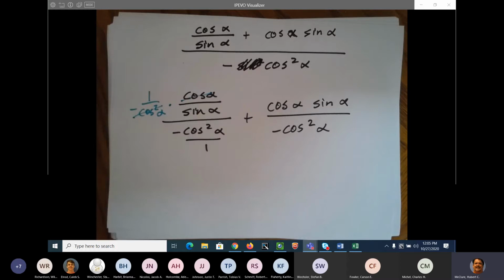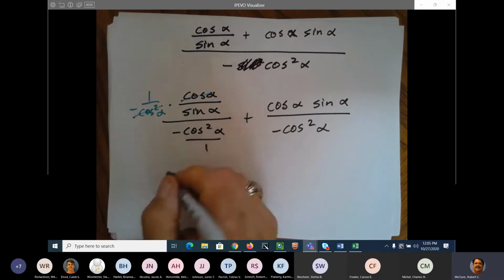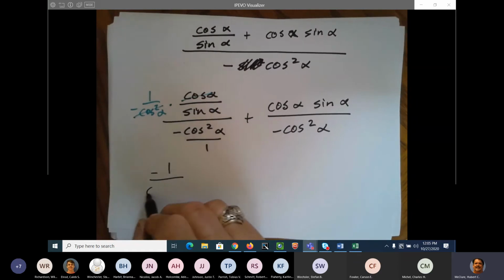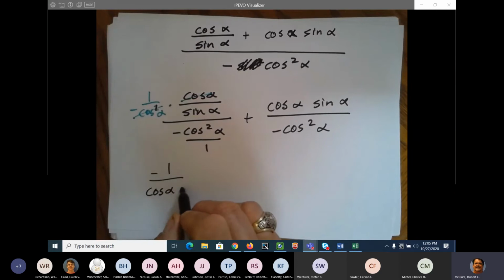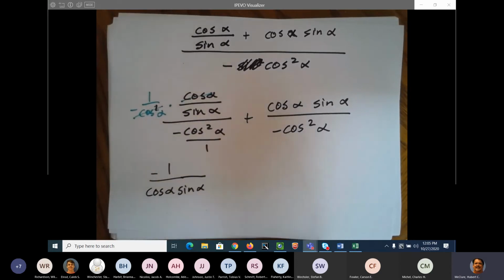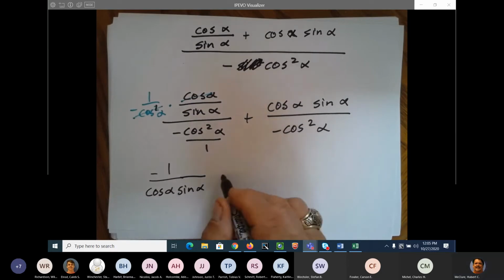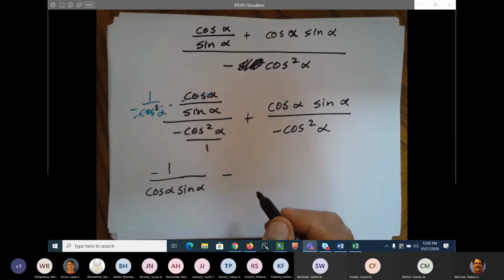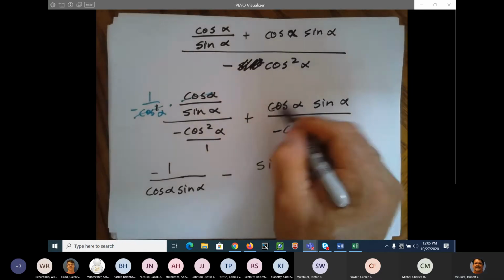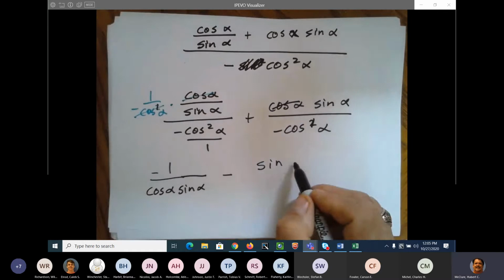Let me use my green black pen. That's going to give me negative 1 over cosine, sine, minus sine over cosine.